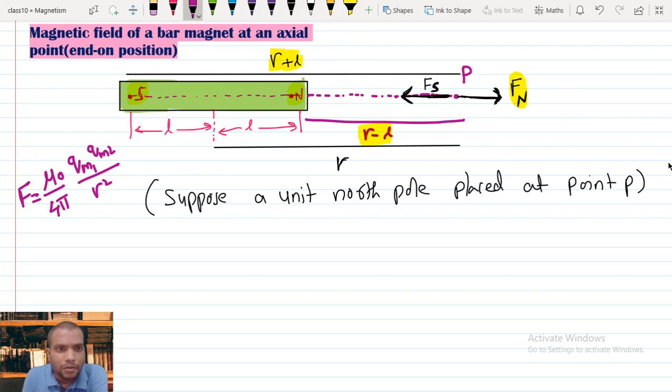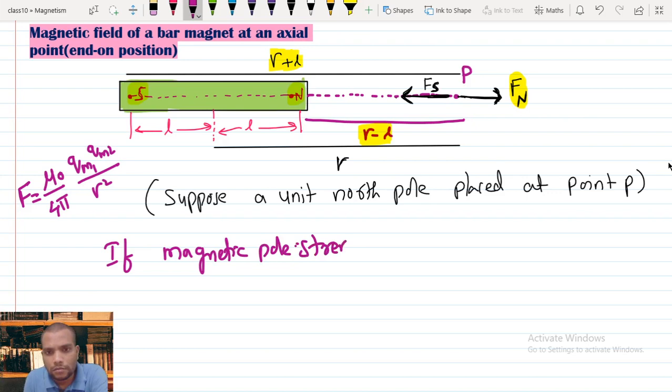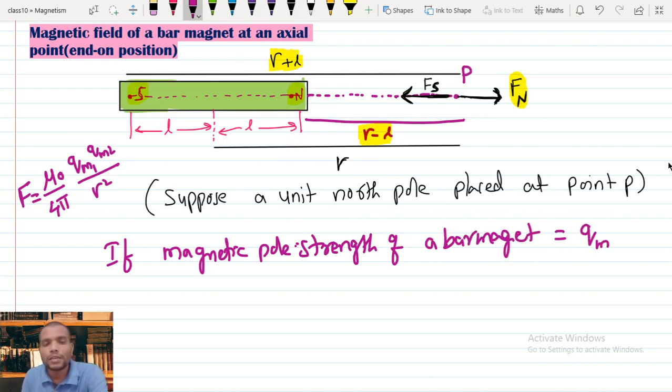Okay, if Qm is the magnetic pole strength of the bar magnet, if the magnetic pole strength of a bar magnet equal to Q suffix m and its length, magnetic length, equal to 2L.